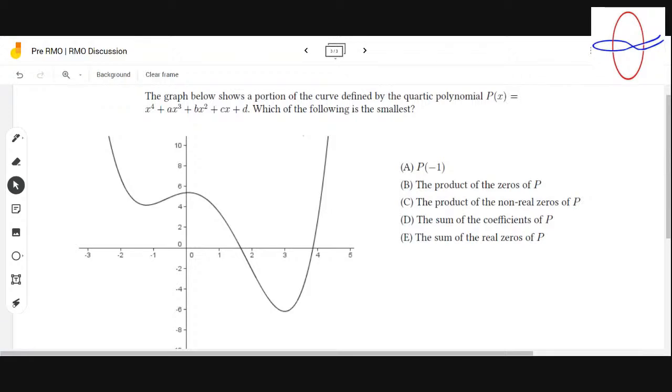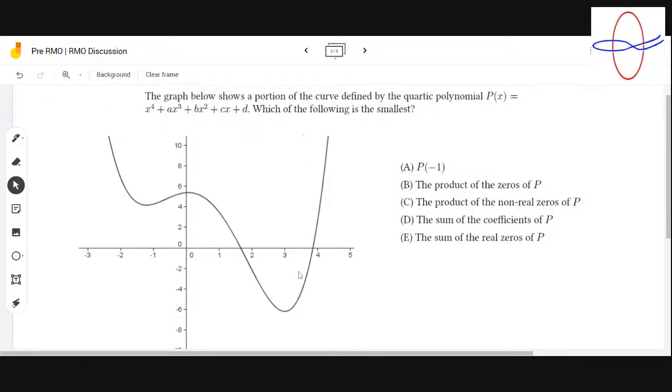Oh, P of 1. P of 1 is A plus B plus C plus D. Oh, I'm so sorry. Yeah, P of -1 may be 4. What I'm seeing actually, yeah, it may be 4.